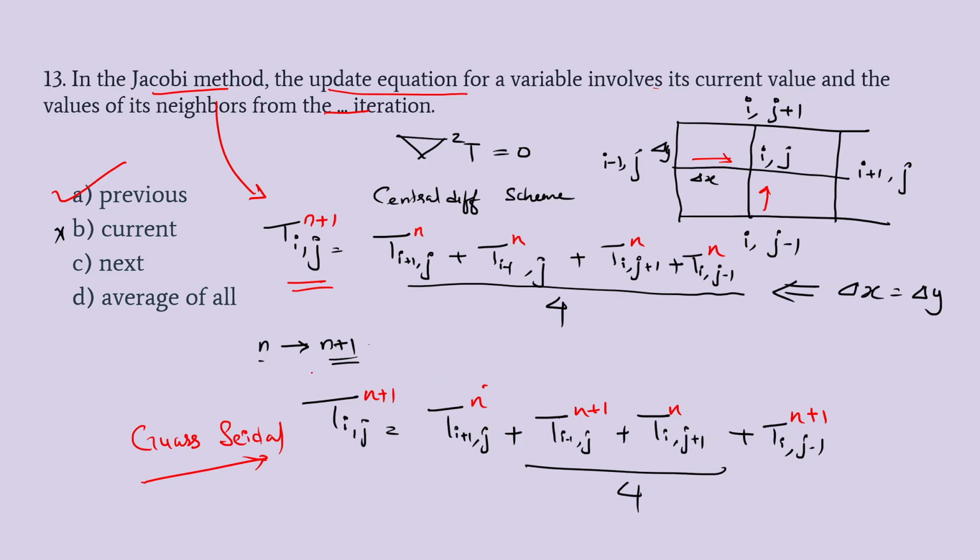So we can say that in the Gauss-Seidel method we are using the latest updated values. Hope it's clear. Our answer is option A, previous.